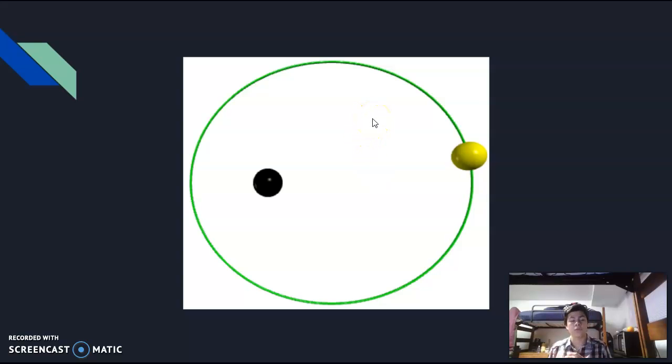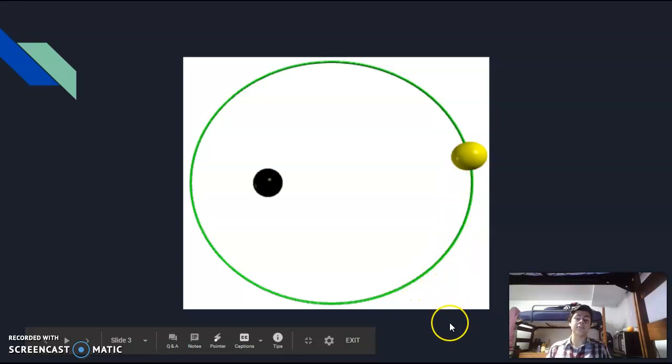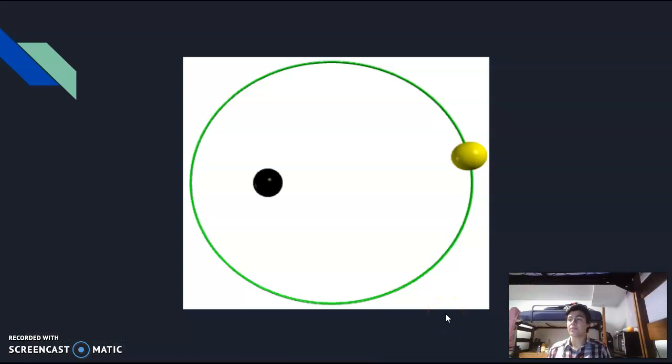There's more gravitational force on our star, and I'll just assume that it's going in this direction. As it's moving past and then moves out here, its change of momentum is going to start slowing down just because it is getting further away from the black hole. So the force of gravity is going to be significantly less.